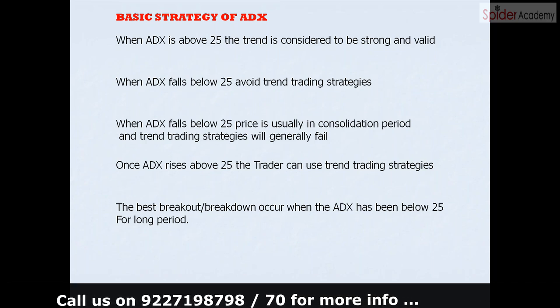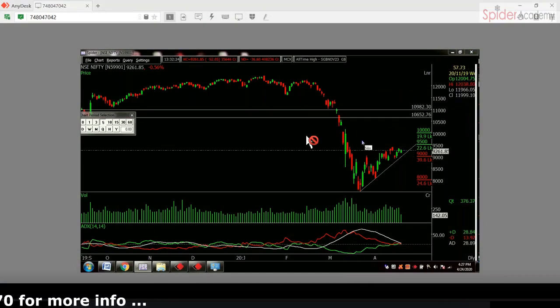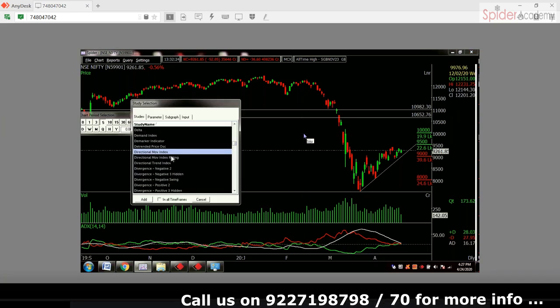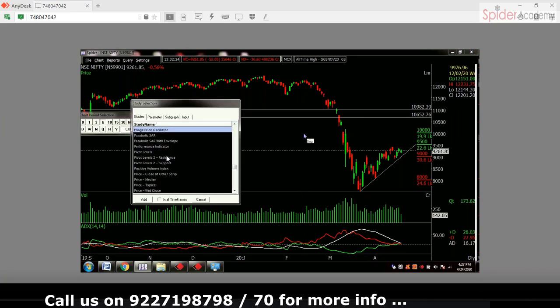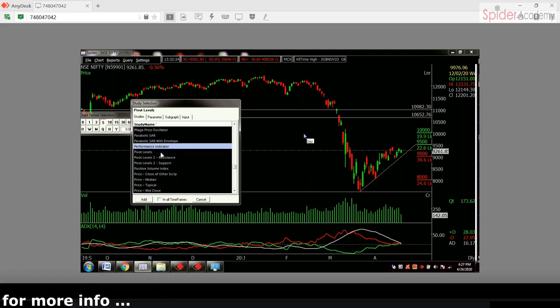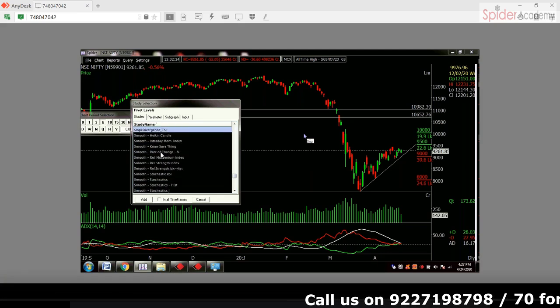On Spider, you can use the basic super trend. I think we will come to that in the end, because in the end we will be using this.